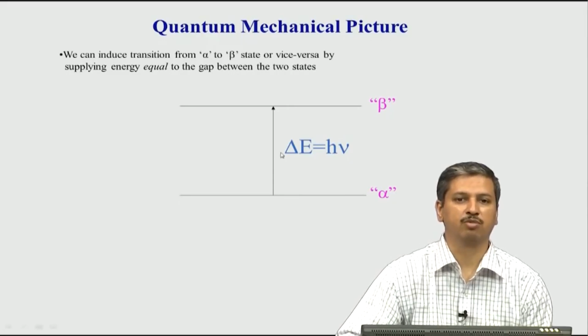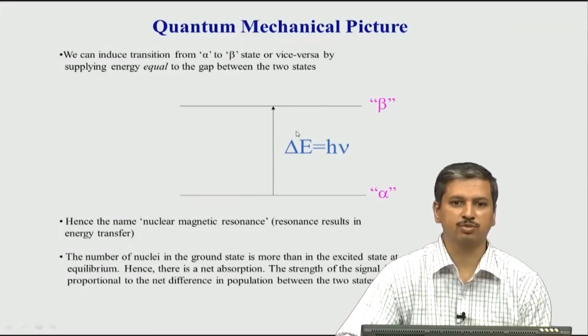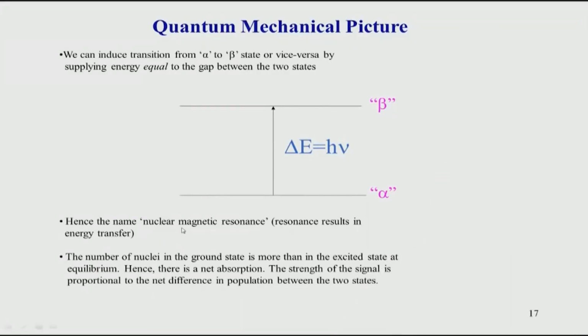Now you take the molecules which are in the ground state and excite them by applying an energy equal to the difference in the energy levels, that is delta E, taking them to the excited state, and that is called resonance. So, this is the whole idea of nuclear magnetic resonance, hence the name NMR.